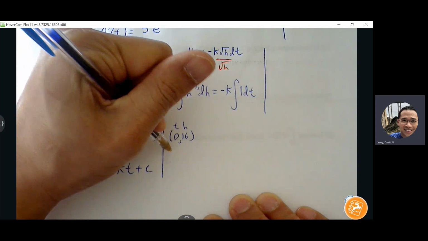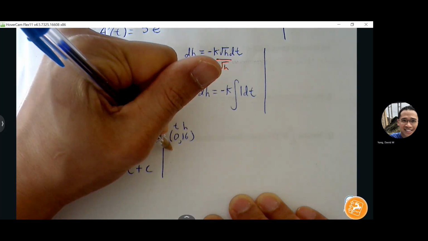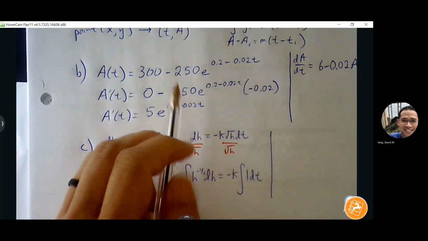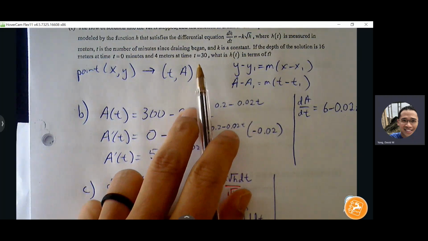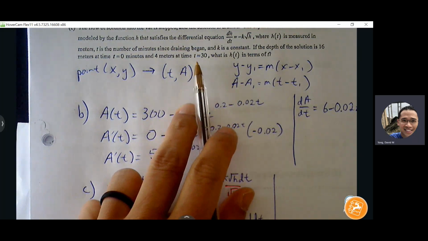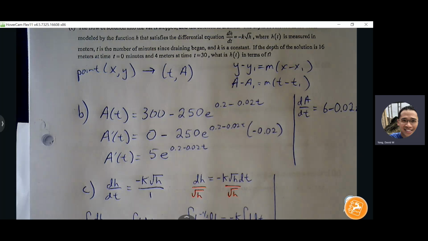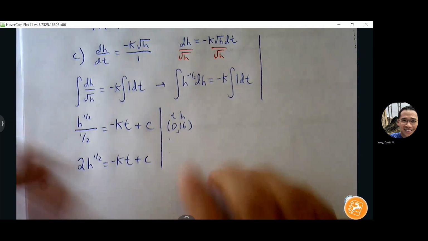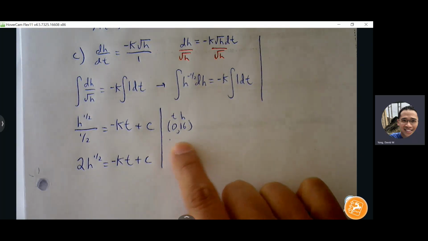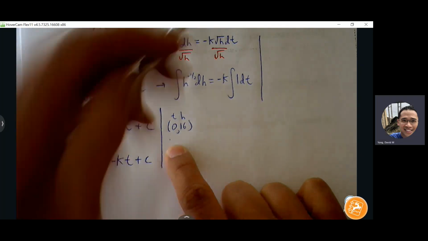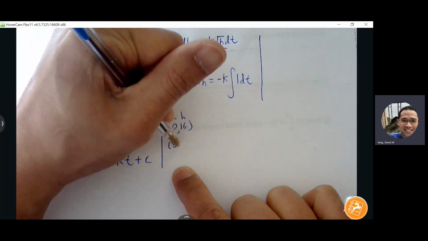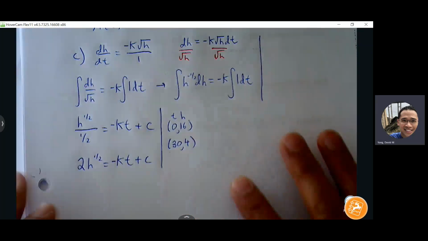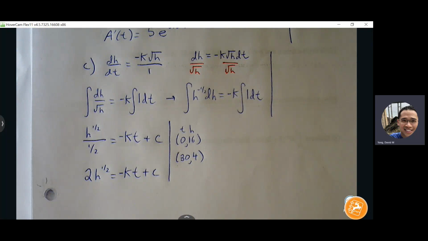And there's also another ordered pair. But what comes first though? Right, 0, 16. But what's the other ordered pair? Is it 4, 30? 30, 4, right? So the t comes first.